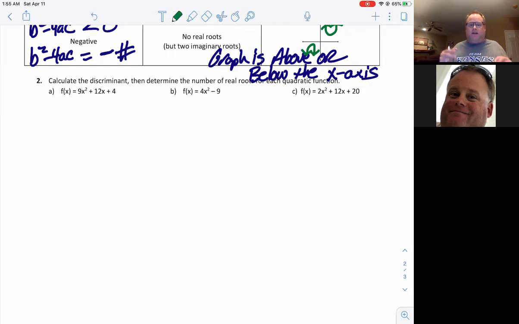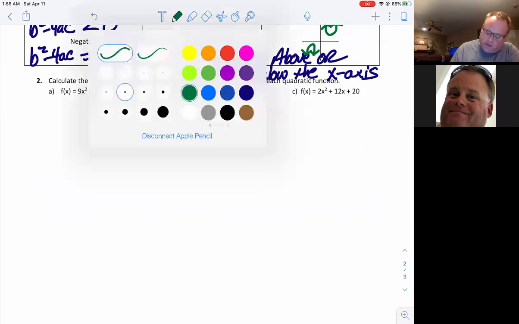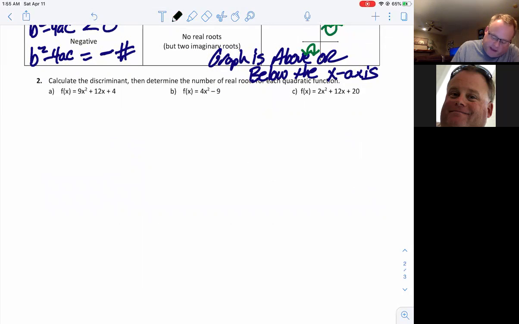Now, the nice thing about this is that sometimes you just can look at graphs and figure out what kind they are, and all you got to do is the b squared minus 4ac. You don't put it underneath the radical. You're just trying to find what that actually is. So let's look at this. My a term here is 9. My b term is 12, and my c term is 4. So I want to know what b squared minus 4ac is.